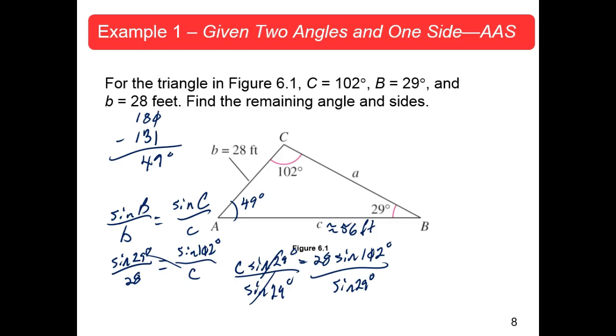How do you know which is which? C is the hypotenuse. And define for me what hypotenuse is. Opposite of the right angle.